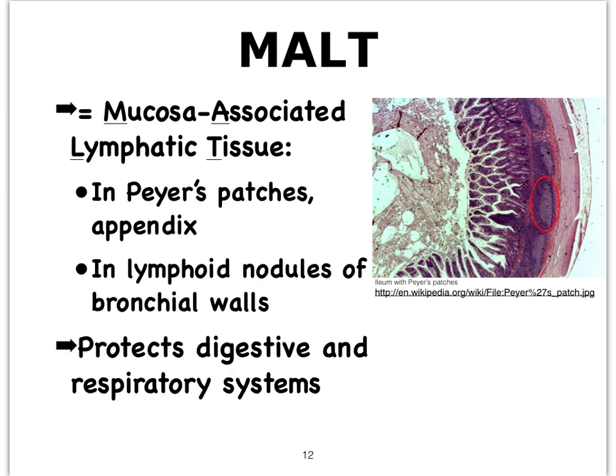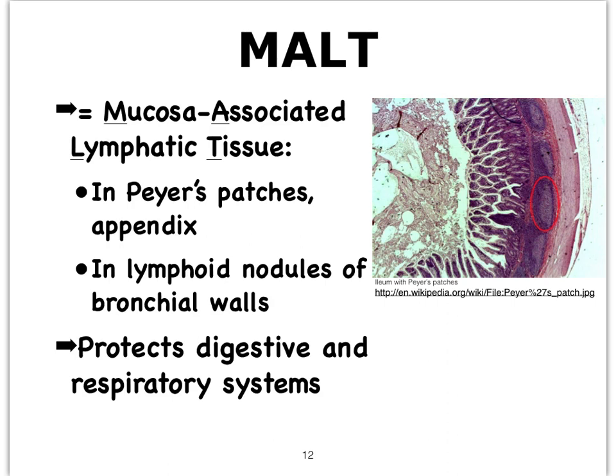So in those mucous membranes, we find something called MALT, which stands for mucosa-associated lymphatic tissue. Particularly, we find MALT in the digestive tract and the respiratory tract, where we, of course, find simple columnar epithelial tissue, as well as pseudostratified ciliated columnar epithelial tissue with goblet cells.